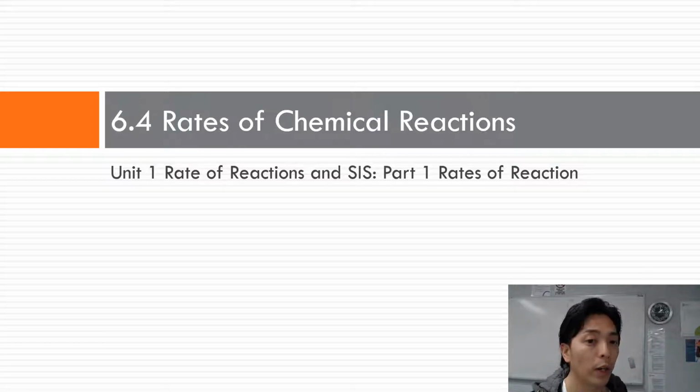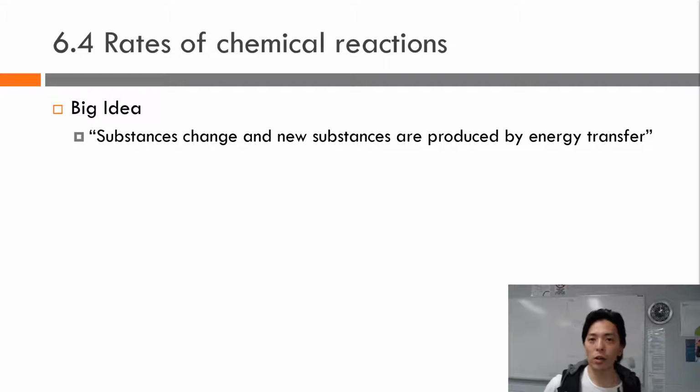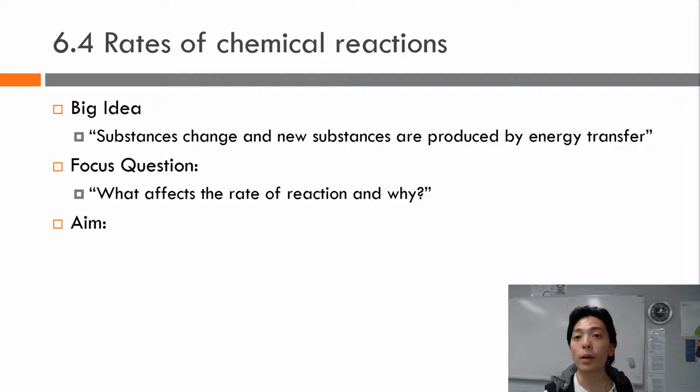All right, let's look at firstly the big idea. The big idea is not something that you need to copy down, but you should know why we are doing it. Substances change, and new substances are produced by energy transfer. Energy transfer is the biggest part for rate of chemical reactions, because the next bit is what affects the rate of reaction and why.